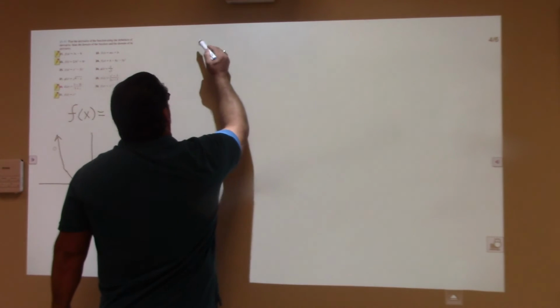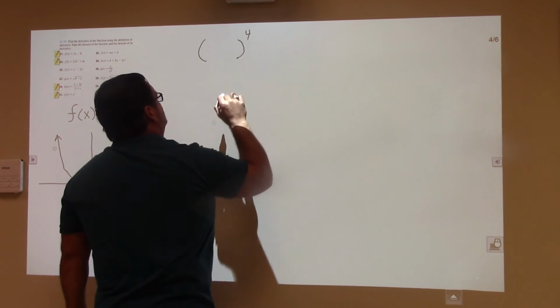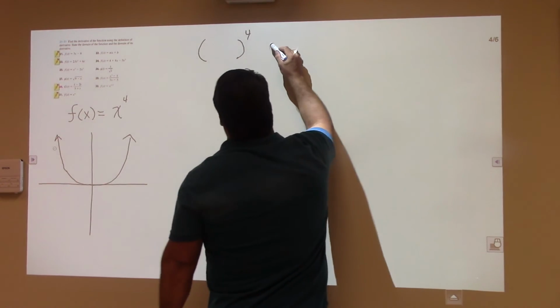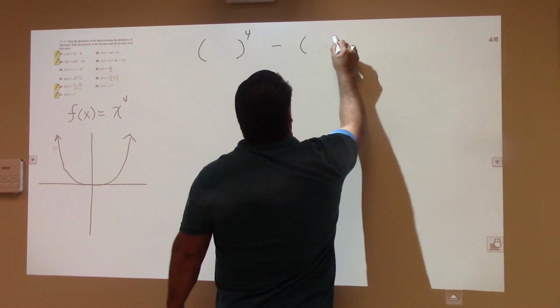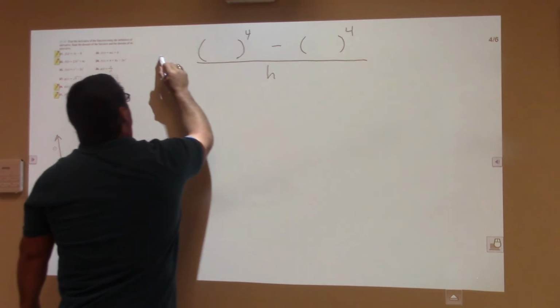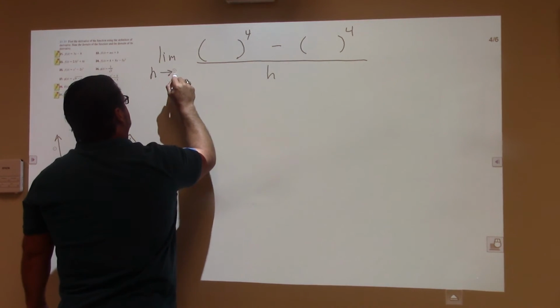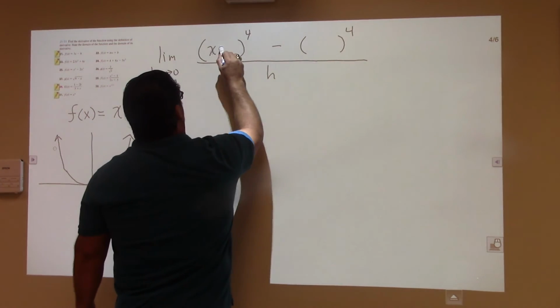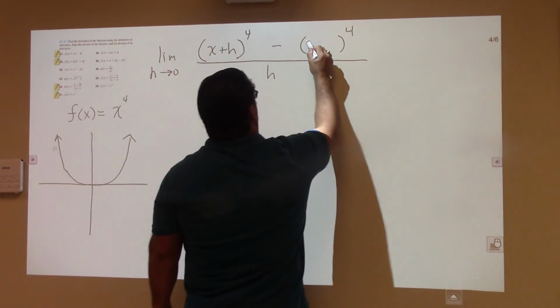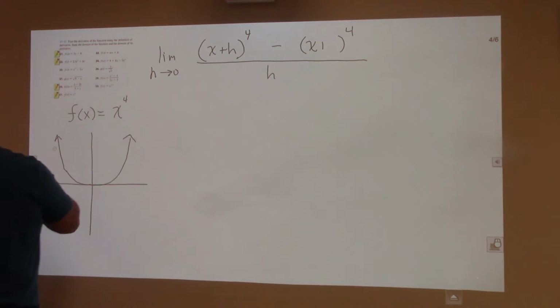So, parentheses to the fourth minus parentheses to the fourth over h, and limit as h approaches 0 of x plus h, x, just x.